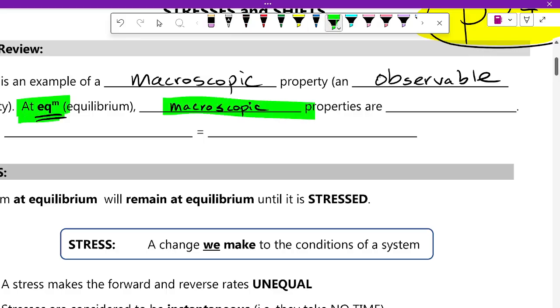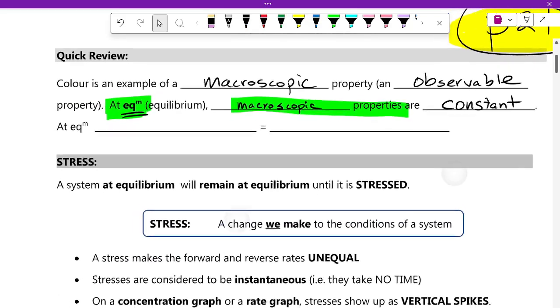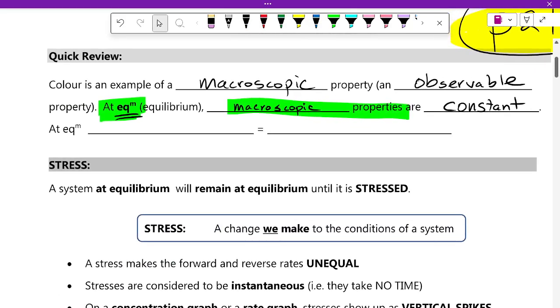Or macroscopic properties are, what's a word we could use to say there's no change? They are static or constant. At equilibrium, what two things are equal? Forward rate and reverse rate.